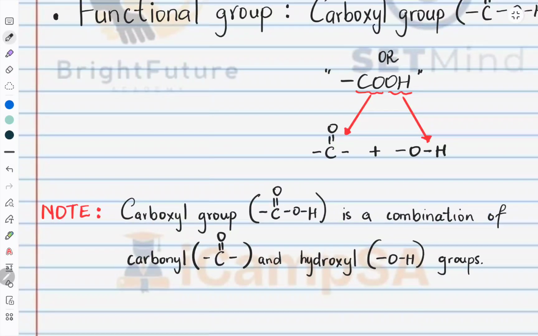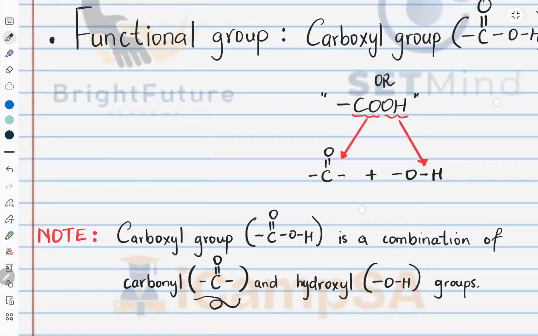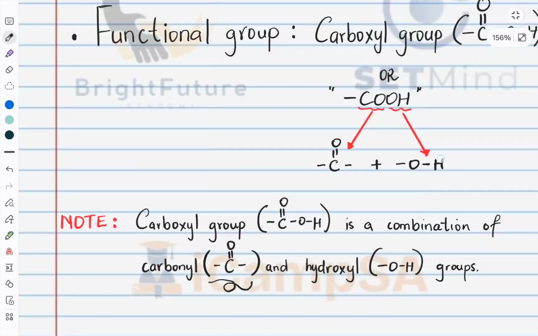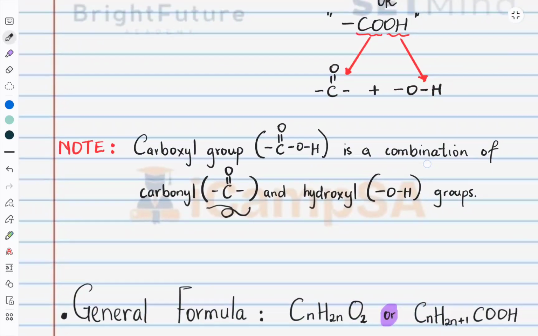All right, so again, the carboxyl group, which is COOH, is a combination of the carbonyl group, which is CO, and the hydroxyl group, which is OH. So we will later see organic compounds that mainly contain the carbonyl groups. For now, we are focusing on the carboxyl group, which is the carboxylic acids.